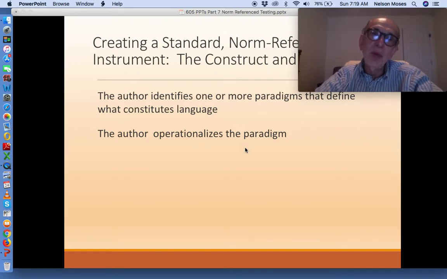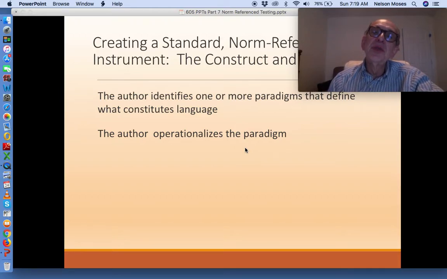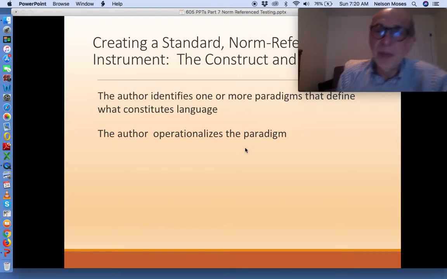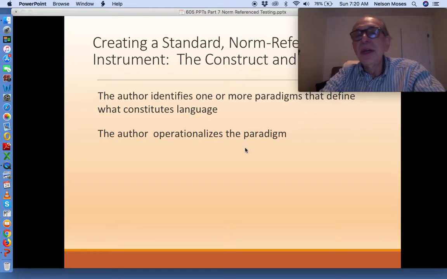Following me? And we clinicians have the responsibility to ask ourselves, what exactly is that assessment instrument measuring? The author says, how do I measure it? We ask ourselves, what exactly is this instrument that we're choosing to use with our client? What is it measuring? So the author has to both identify a paradigm and operationalize it. We as clinicians selecting the instrument have to ask ourselves, what paradigm did that author employ?